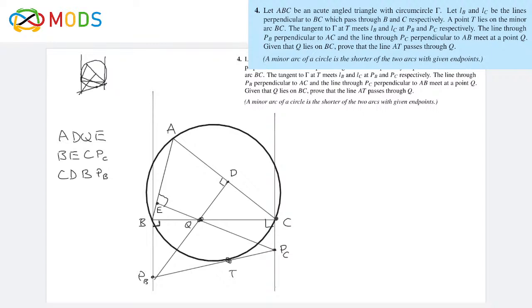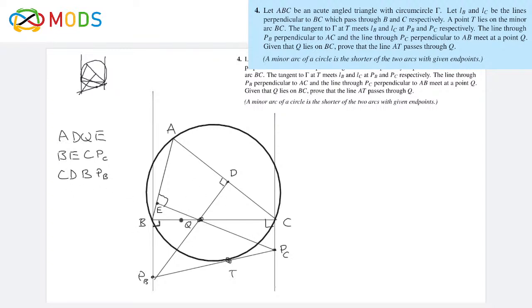But wait a minute. Isn't this just straight up the power of a point? Wait, no. Radical axis, radical center. Is Q not the radical center of a lot of things? Totally, but surely, right? Because look at this.